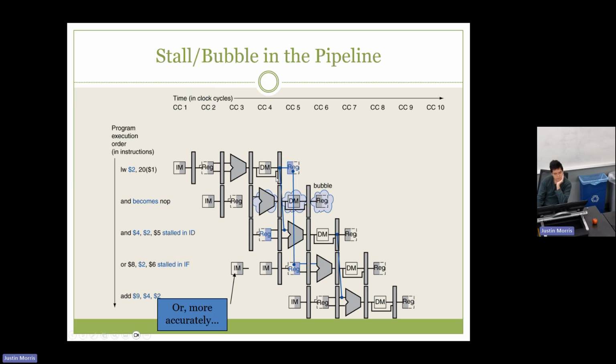So here we go. And we have this load word, right? And right afterwards, we have the and. The and is going to read from register 2, which the load word is writing to. So we fetch the load word.